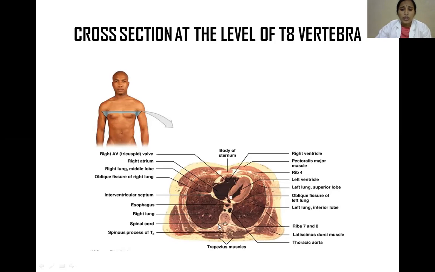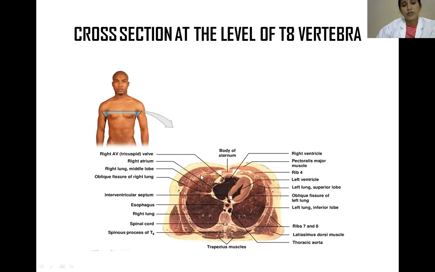Okay, so here you can make out that the rib is articulated with the body of this vertebra. Costovertebral joint. And here it is also articulated with the transverse process. Costotransverse joint. So, the two joints here. Next, we are going to see the muscles. What are the muscles present?